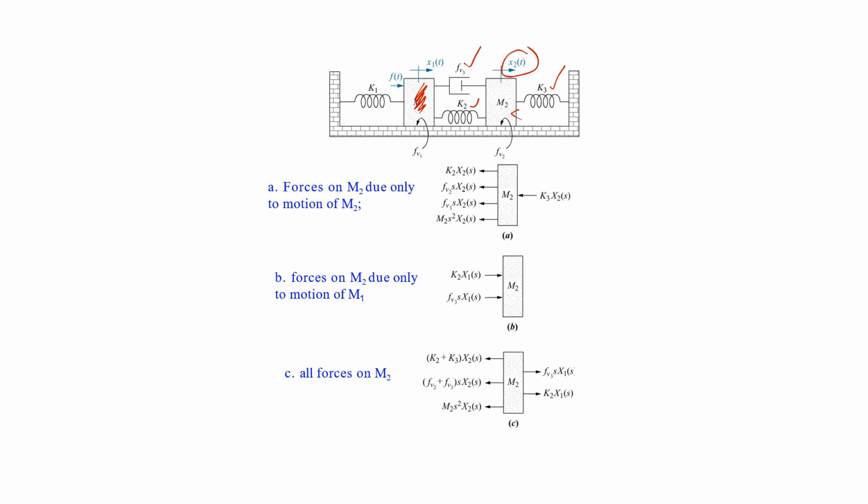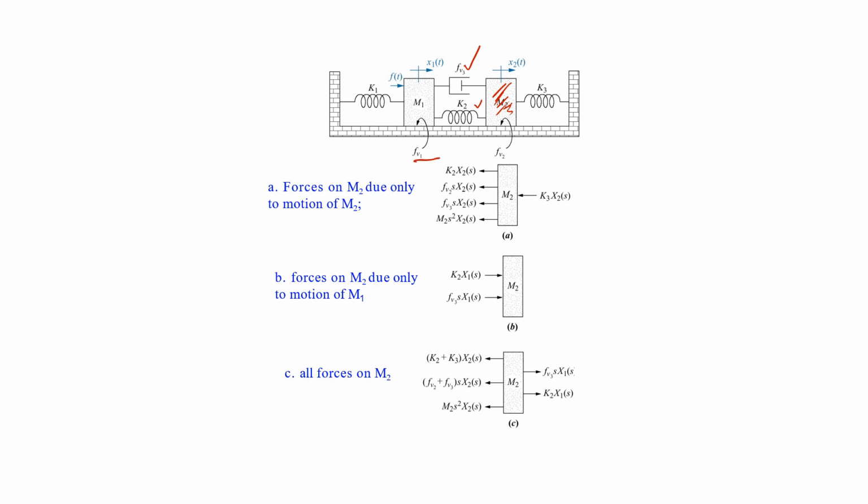So now let's hold the m2 mass still and move the m1 mass, and we can see that the effect of m1 is through this and this friction and this spring.